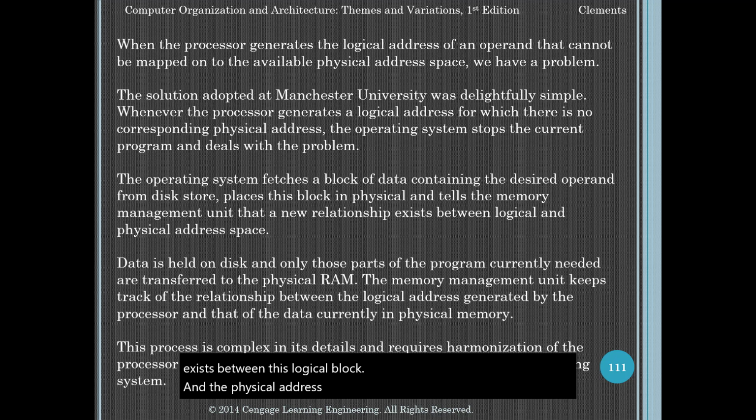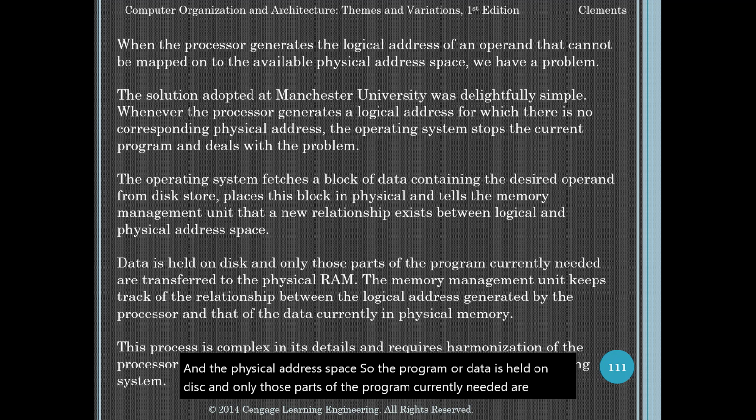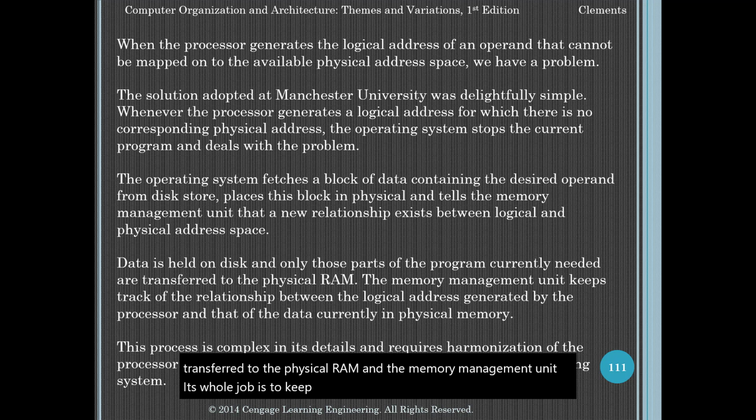So the program or data is held on disk, and only those parts of the program currently needed are transferred to the physical RAM. And the memory management unit's whole job is to keep track of the relationship between those logical addresses generated by the processor and that of the data currently in the physical memory.